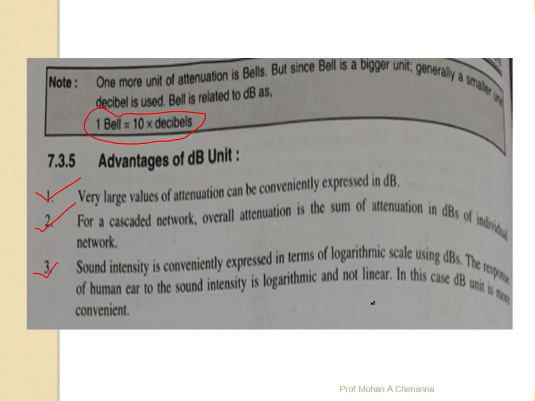Very large values of attenuation can be conveniently expressed in decibels. For a cascaded network, the overall attenuation is the sum of the attenuations of the individual networks, and sound intensity is conventionally expressed on a logarithmic scale using the decibel unit. The response of the human ear to sound intensity is logarithmic and non-linear, so the decibel unit is more convenient to represent the attenuation.